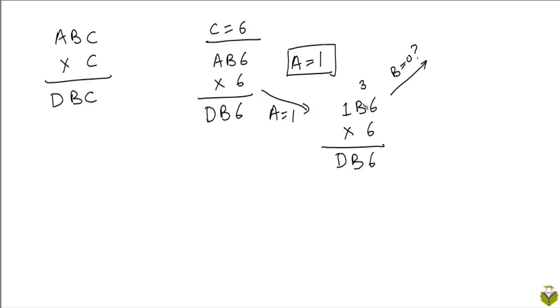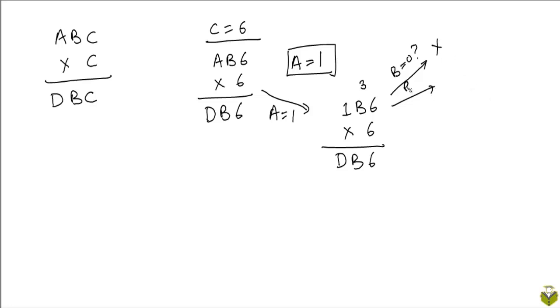Well, if B was put to be 0 over here, 6 times 6 would be 36. 6 times a 0 would be a 0. 0 plus 3 would be a 3, and we would put a 3 into this particular position. So B would be set as 3 here, even though it was set to be 0 over here. So B cannot be both a 0 and a 3 in the same exercise. So B cannot be a 0.